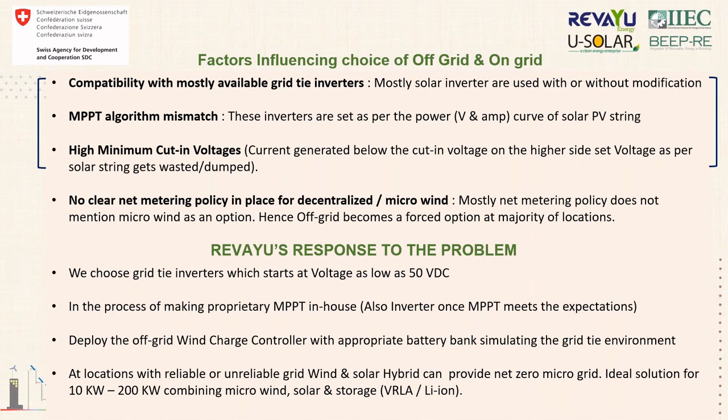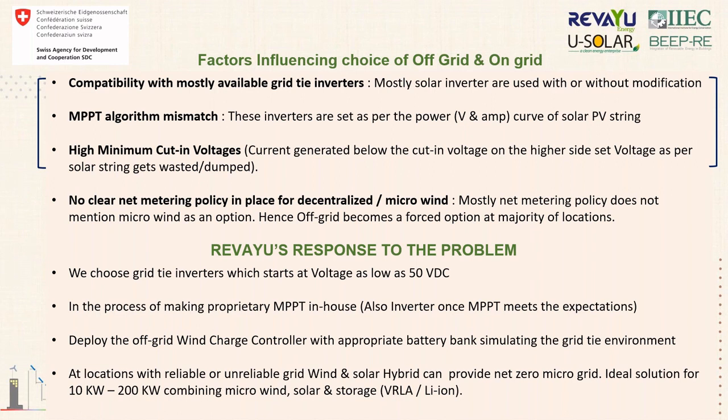People need to arrange it and get it customized, and if we try to fit a 3 kilowatt or a 5 kilowatt normal grid tie inverter, these MPPTs are designed for PV strings as per the power curve of solar panel strings.